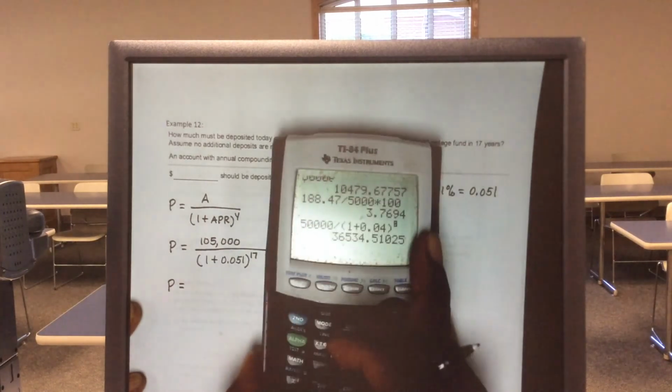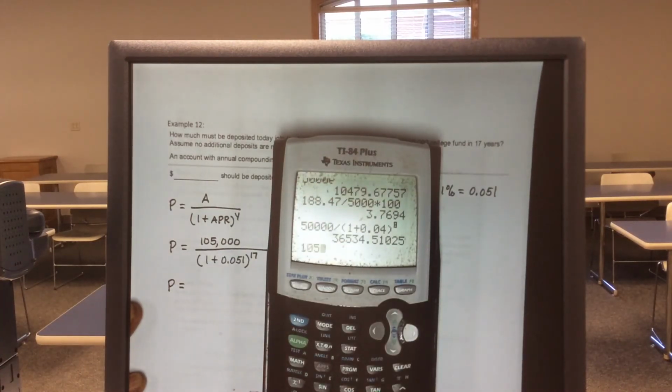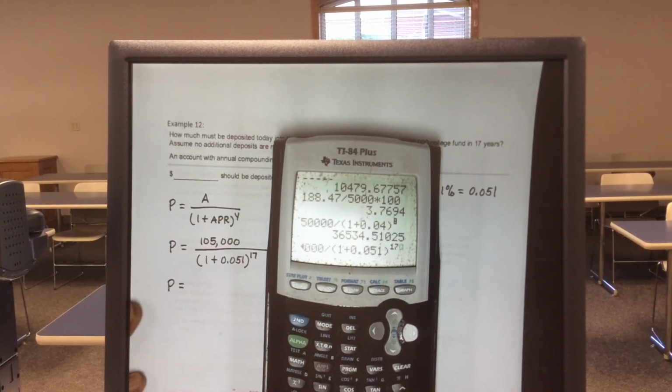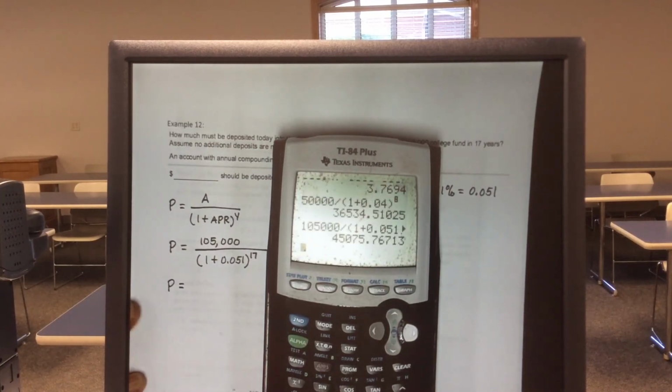And then, if we simplify that, $105,000 divided by, and then left parenthesis, 1 plus 0.051, close parenthesis, raised to the 17th power. Now, to two decimal places, $45,075.77.